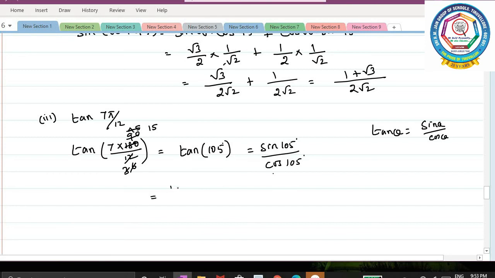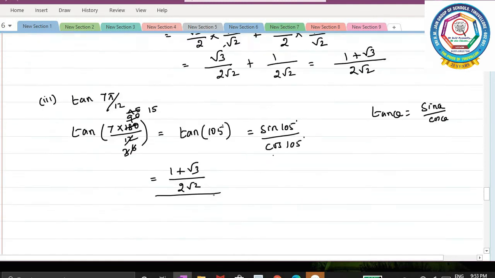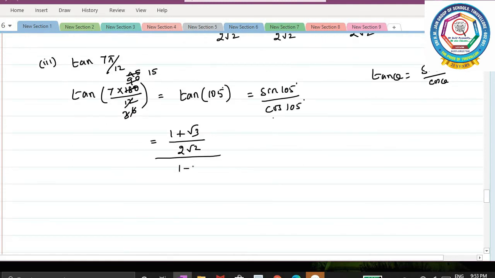What is sin 105? That is equal to 1 plus root 3 by 2 root 2 divided by cos 105, that is equal to 1 minus root 3 by 2 root 2. 2 root 2 will cancel.